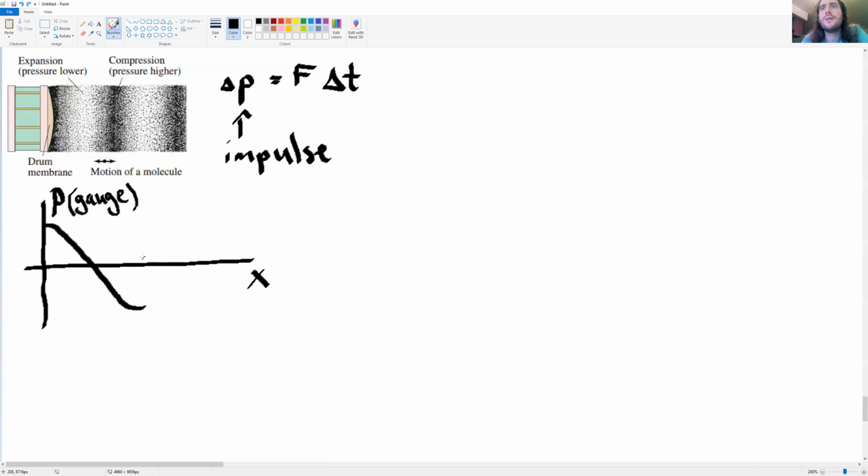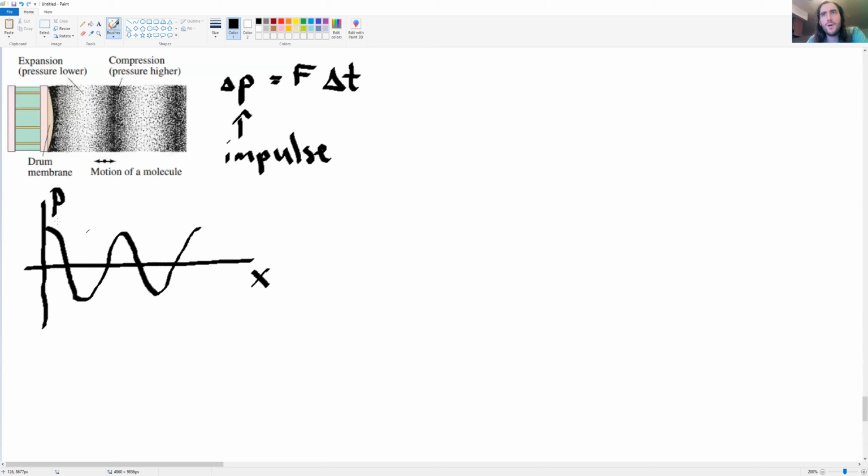Let me try to make this plot so that it matches with what we see above. Now that I think about it, that might be a better way to do it. So the lowest pressure occurs there. Let's try that again. Lowest pressure, and then back up like this. High pressure, back down like this, and then back up.